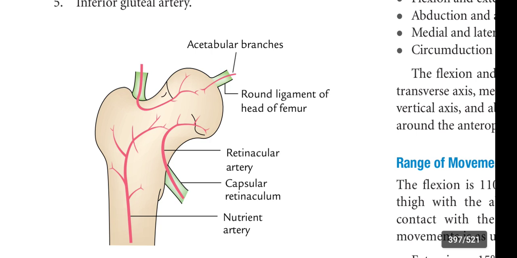Next, the retinacular arteries enter at the neck of the femur through the capsular retinaculum, and the nutrient artery also gives some branches to the femur.